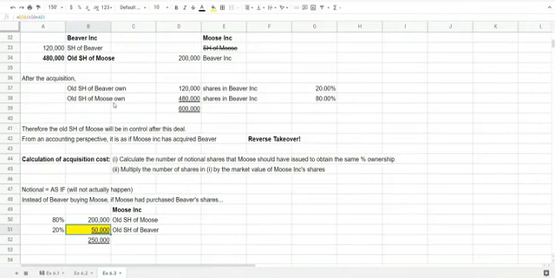Okay, does that make sense? It's a make-believe calculation. All right.